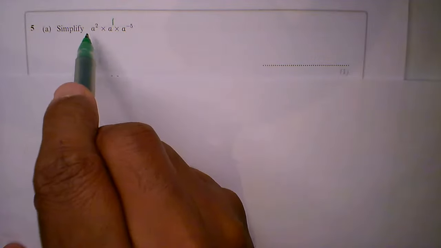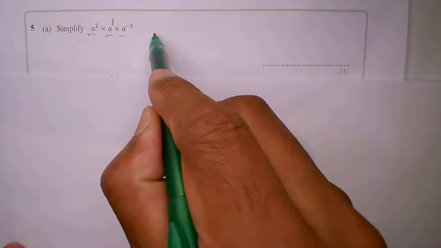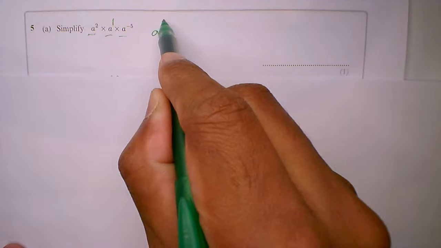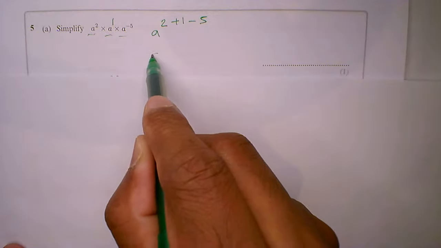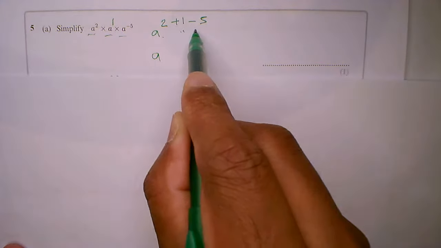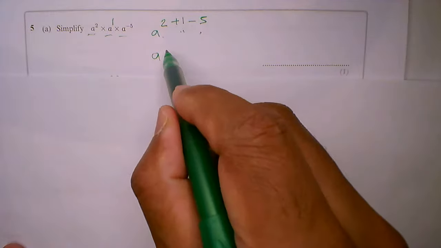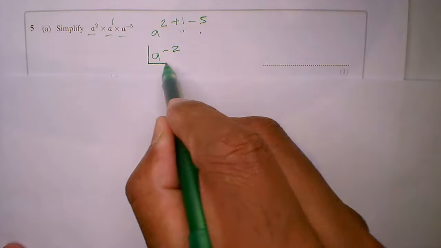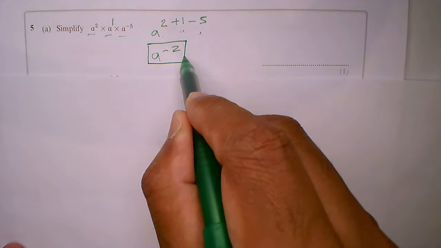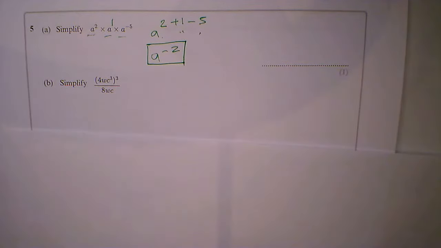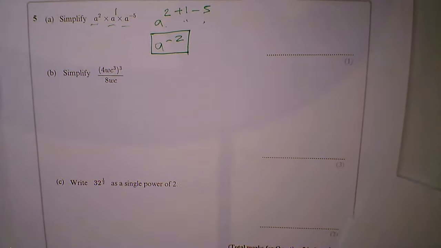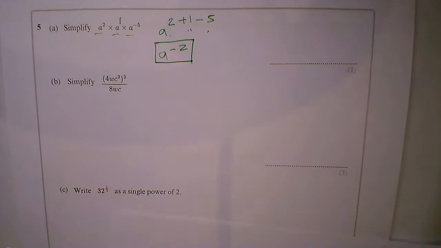So the base is the same, so we can just add the powers. A to the power 2 plus 1, take away 5. 2 plus 1 is 3, take away 5 is minus 2. So a to the power minus 2. Nice, 1 mark here. And remember this idea about working through the paper. You will be able to bank these easy marks.